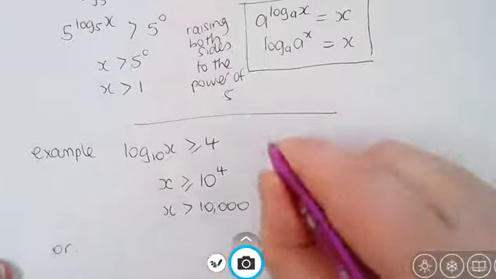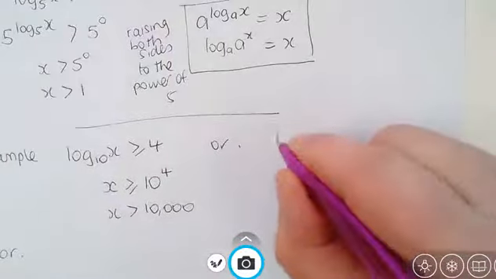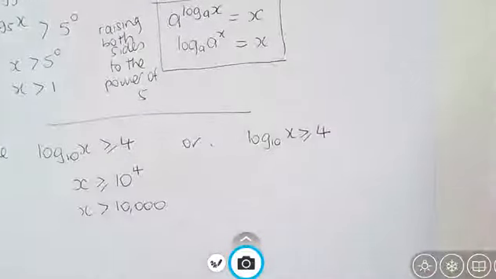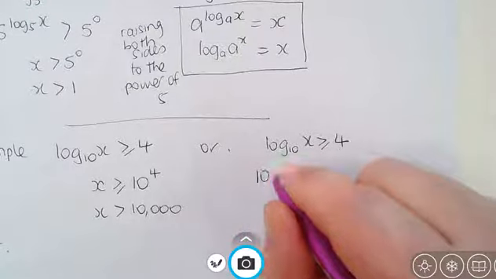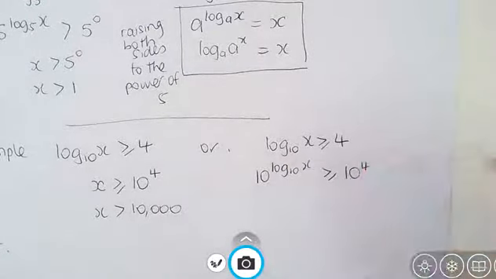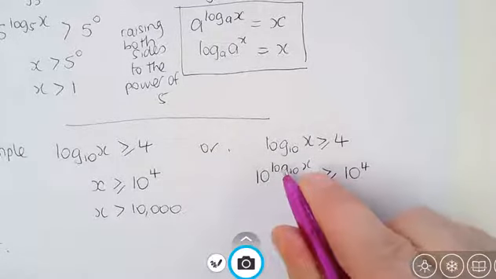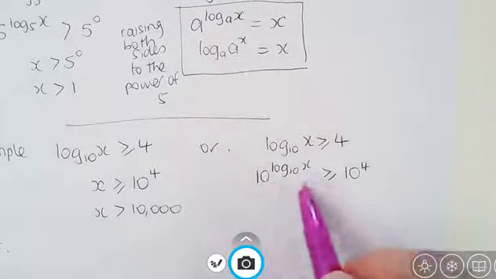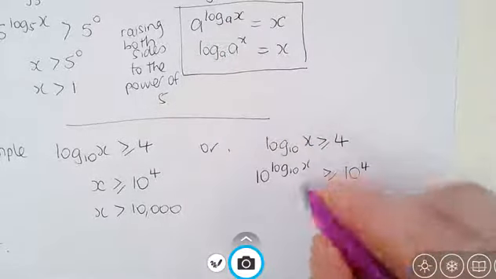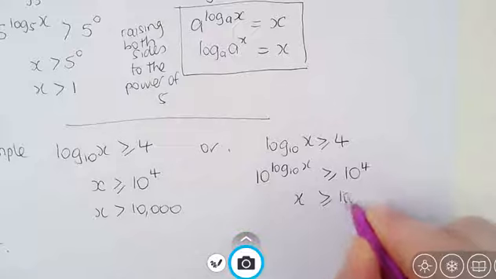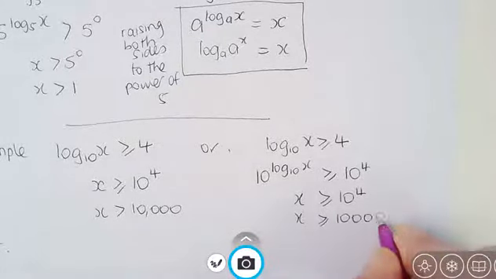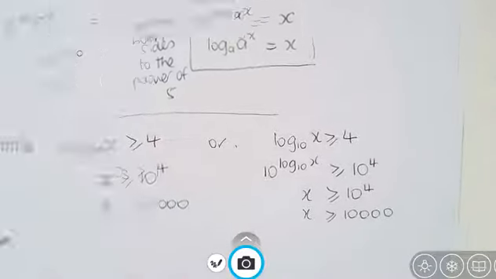Or I could start with log to the base 10 of x is greater than or equal to 4 and raise both sides to the power of 10. So 10 to the power of log to the base 10 of x is greater than or equal to 10 to the power of 4. This is of that format, a to the power of log base a of x, that just equals x. So x is greater than or equal to 10 to the power of 4, which is the same answer as before. x is greater than or equal to 10,000.